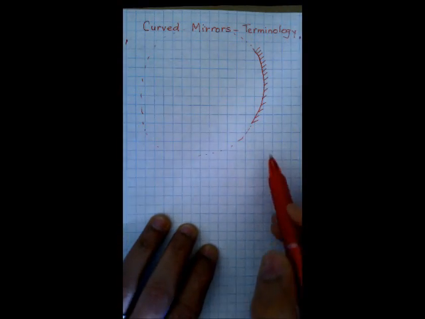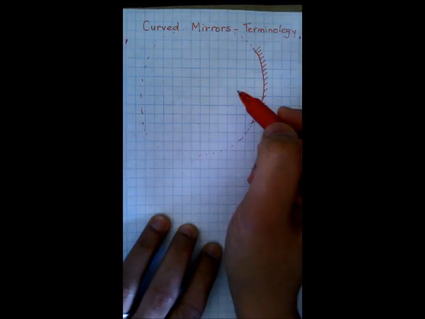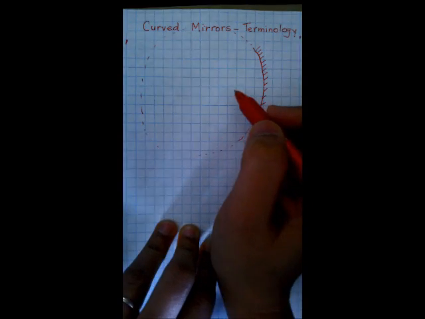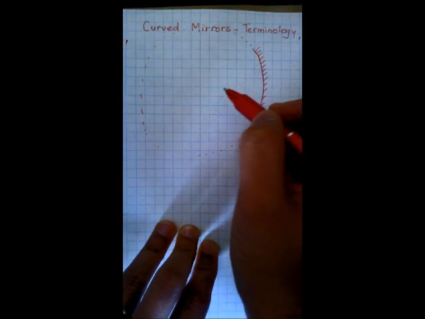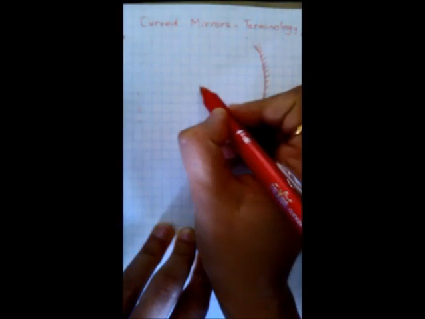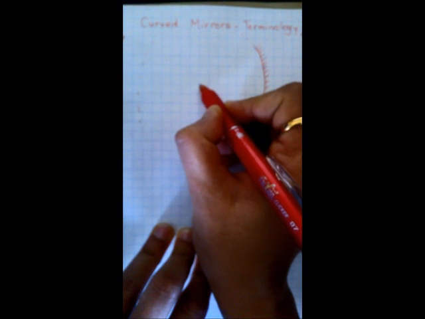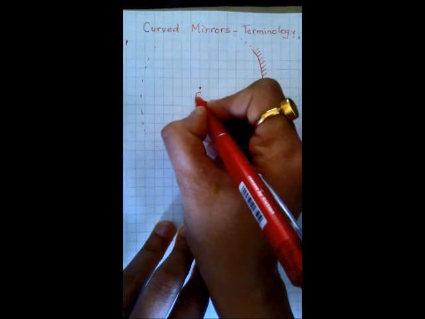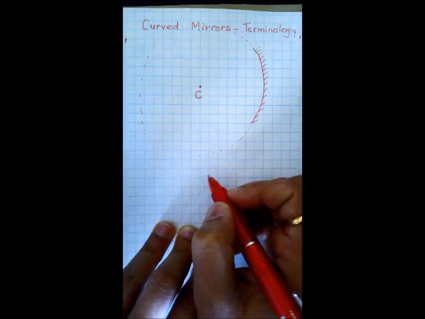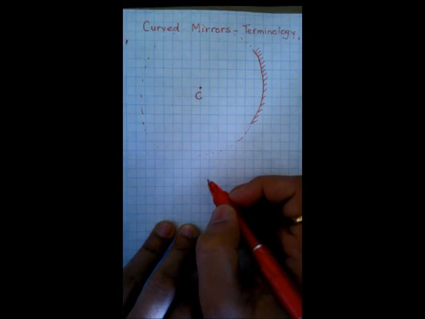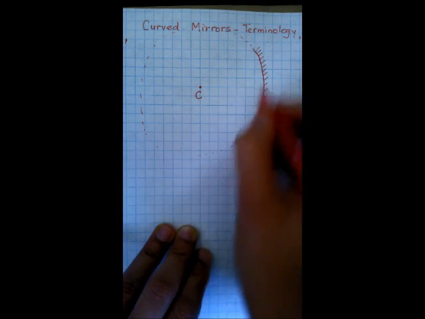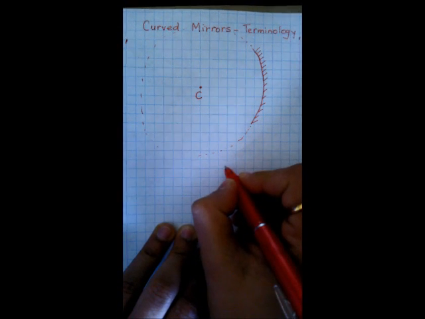This sphere will have a center. Because it's a sphere, it will have a center. So let's locate that center over here. Label it with the capital C. This is known as the center of curvature of my curved mirror.